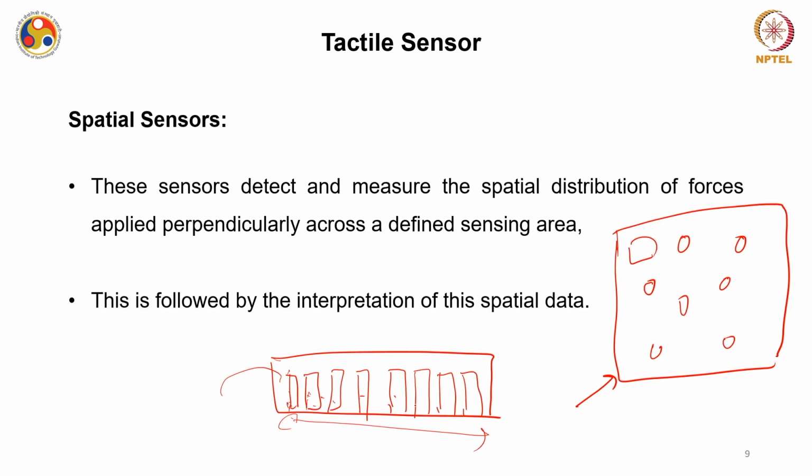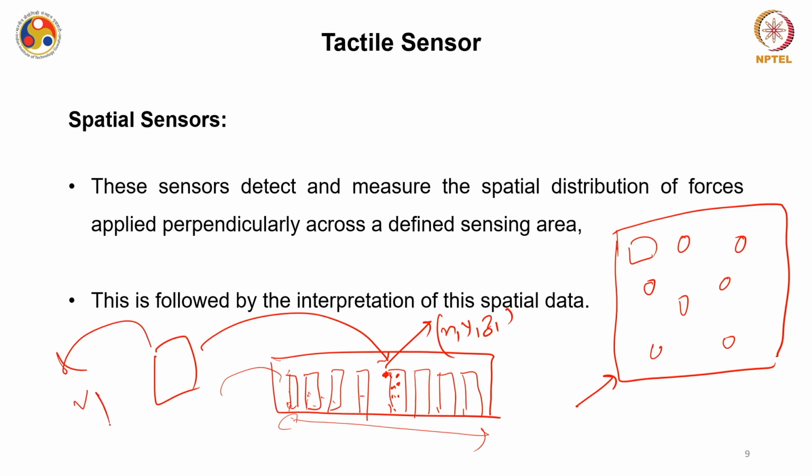A spatial sensing array can be considered to be a coordinated group of touch sensors. Each point in this area can be considered as a coordinated touch sensor. If you are touching this position, your signal processing unit knows that the coordinate, say x1, y1, z1, has been touched, and it has to give a signal, say in the form of voltage V1.